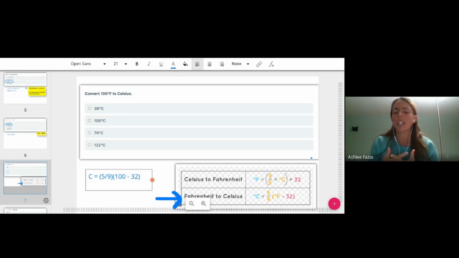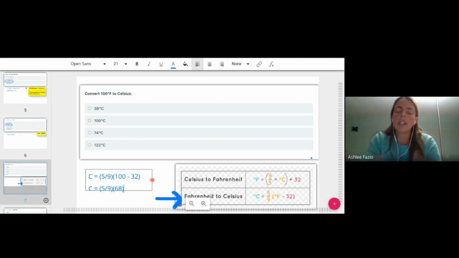The really important thing at this point is just to remember that we have to do that subtraction first. This might bring you back to grade school, but if you remember PEMDAS and order of operations, we've got to do what's in these parentheses first. So I'm going to leave this 5/9 and figure out what is 100 minus 32. So 100 minus 32 will give me 68.